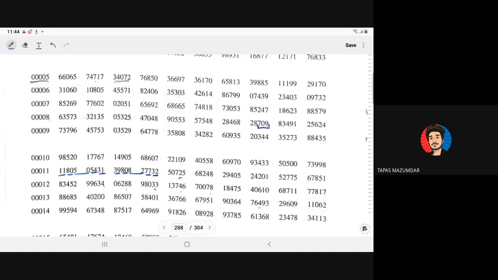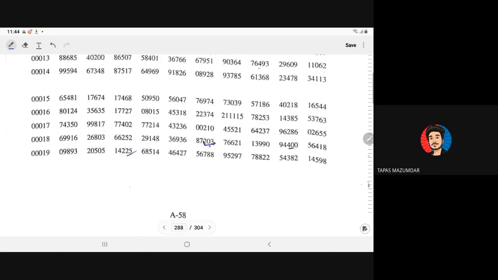Similarly, for the number of trucks, if you take the number from page A59, row number 25 and column number 3.